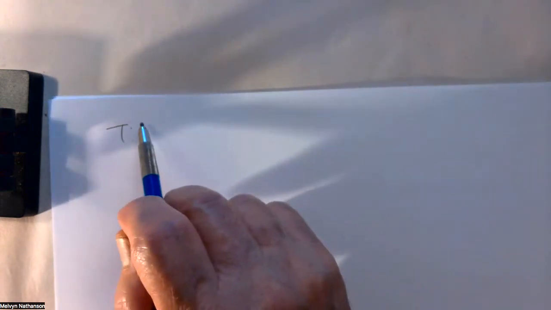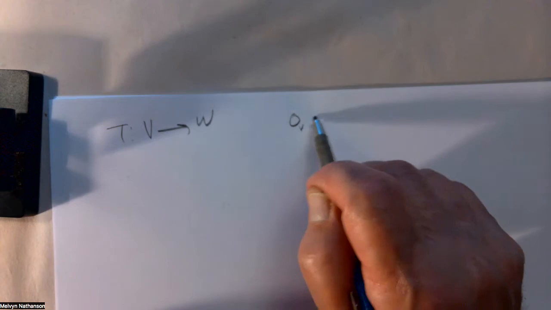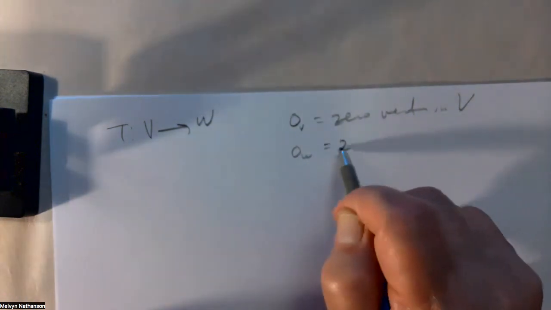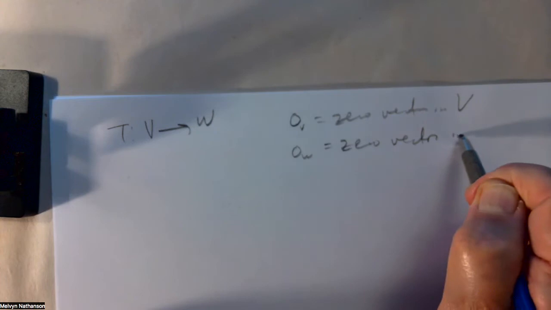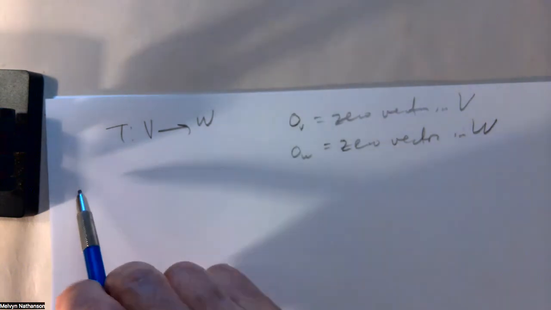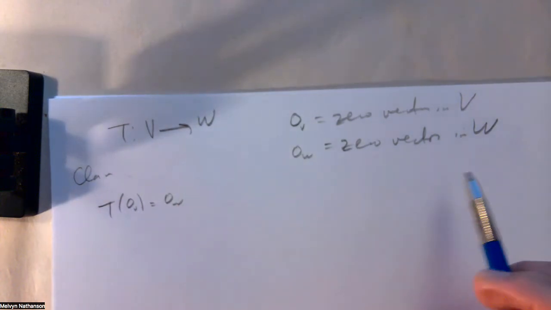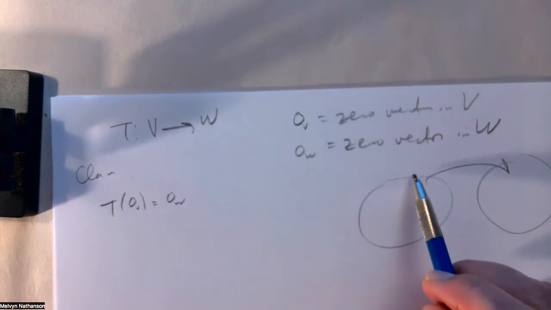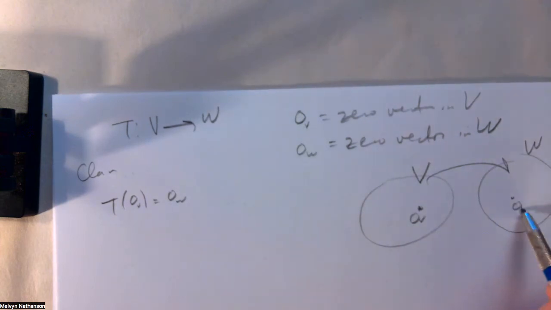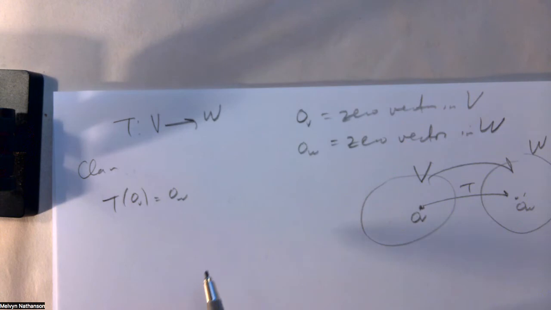Suppose I have a linear transformation T from a vector space V to W. And suppose 0 sub V is the 0 vector in V, and 0 sub W is the 0 vector in W. So I claim that T of 0 sub V is 0 sub W. If you like a picture of this, if this is V and this is W, here's the 0 vector in V, here's the 0 vector in W, and T sends 0 to 0. T of 0 is equal to 0.